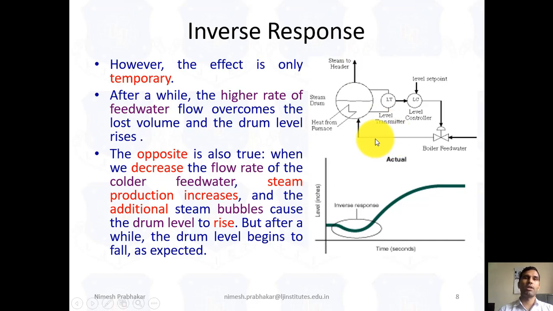So this is known as the inverse response. That means when we add water in the boiler drum, the level indicator indicates the water level is reduced, and so it indicates inversely.